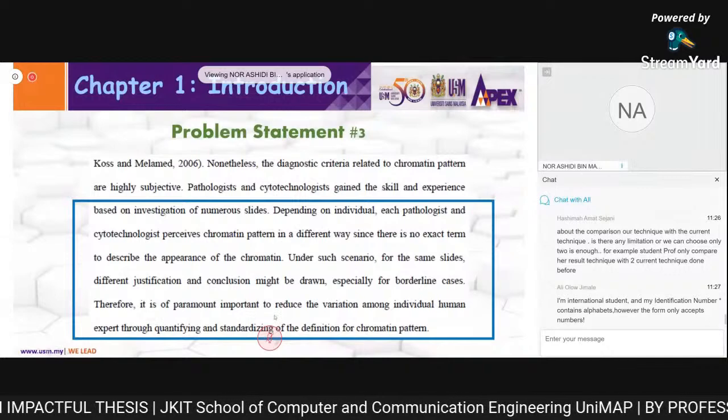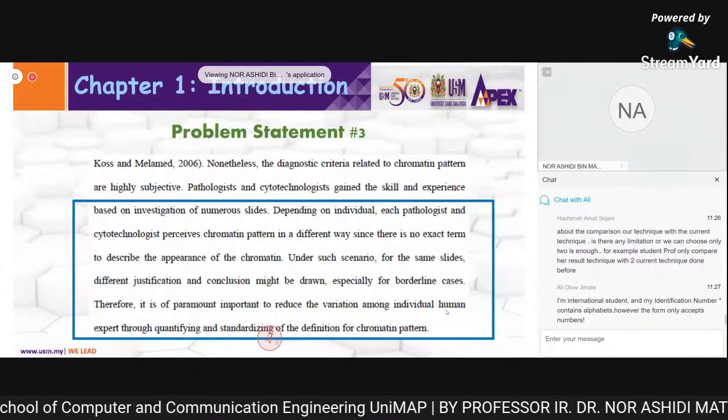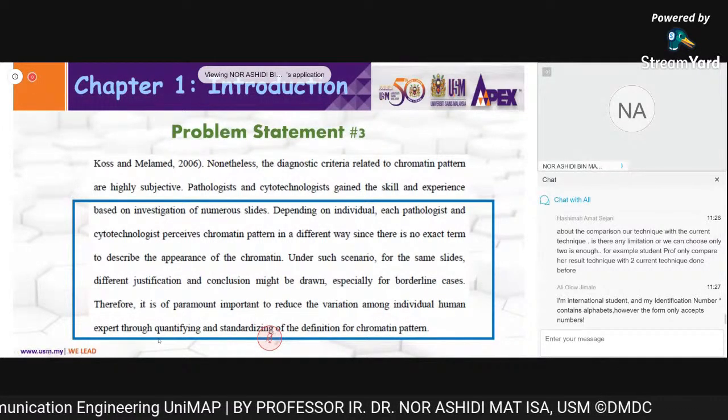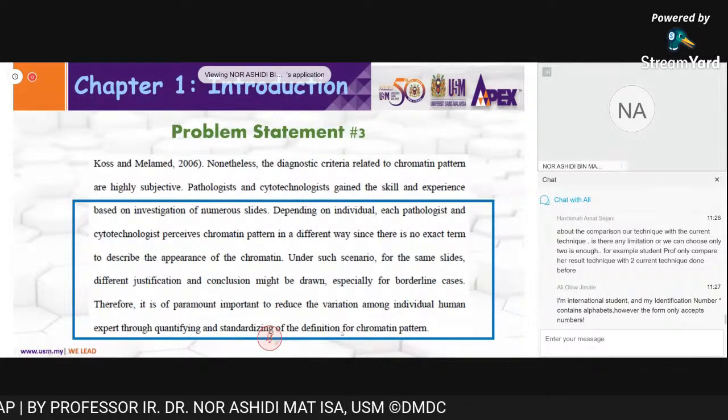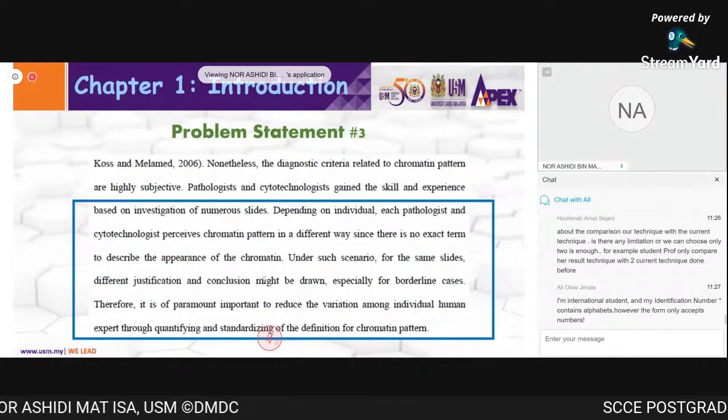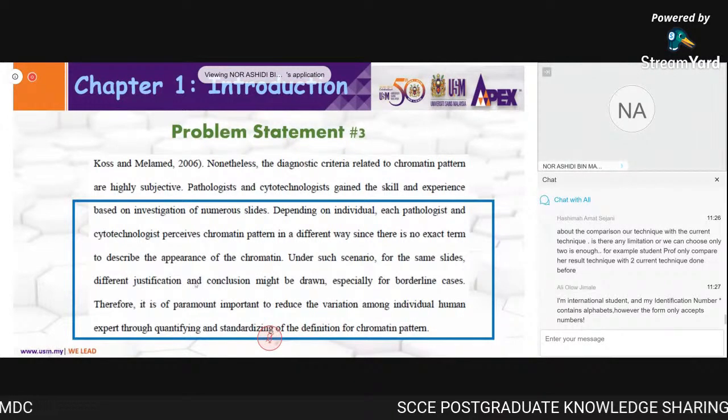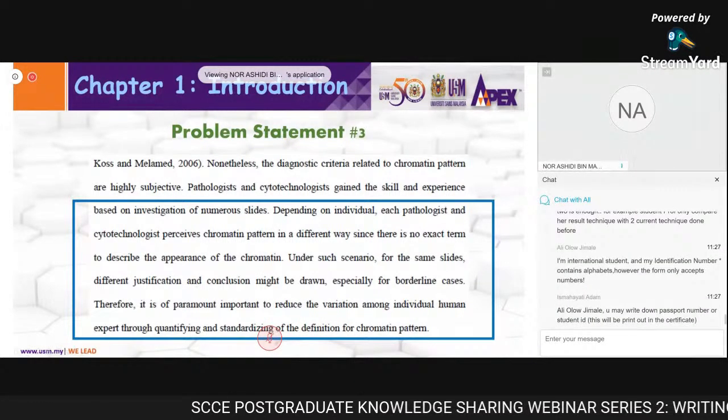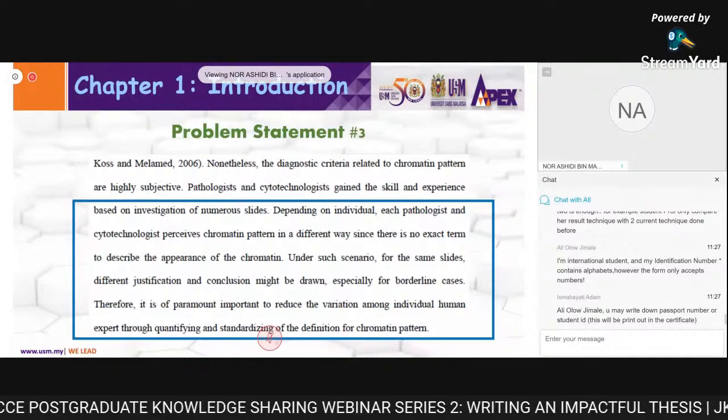Therefore, it is important to reduce the variation among individual experts through quantifying and standardizing the definition of the chromatic pattern. So this is actually the problem that has to be solved. Okay, the problem needs to be solved.